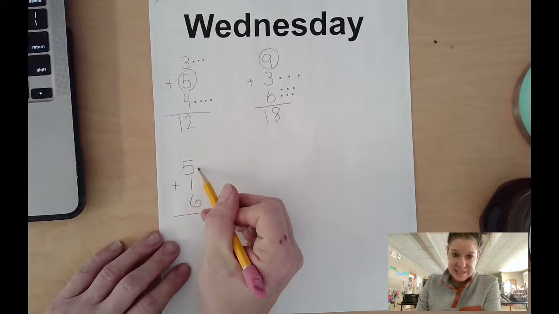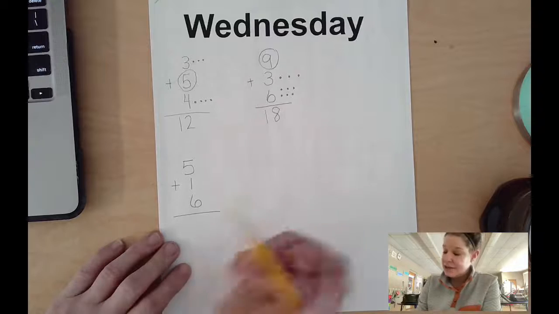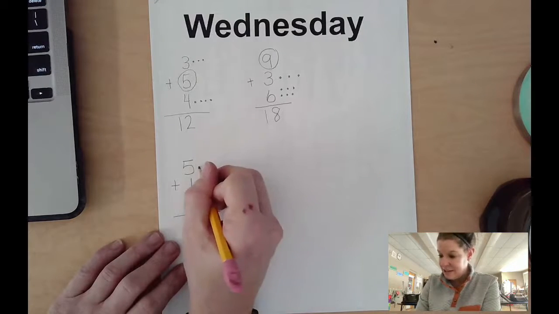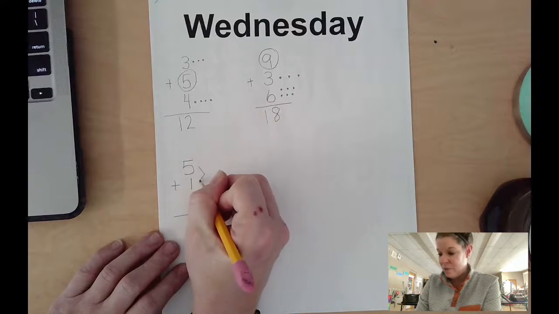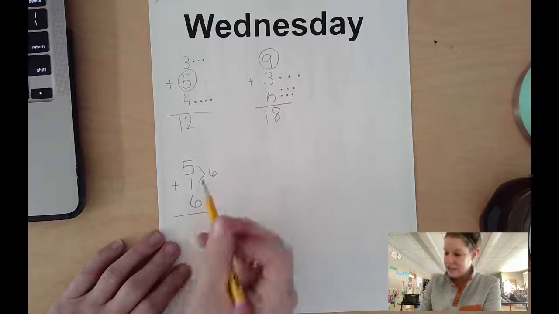I could first take any two numbers I want and add them together. So if I'm looking at this right away, I quickly see that a 5 and a 1 makes 6. Can everybody do that?